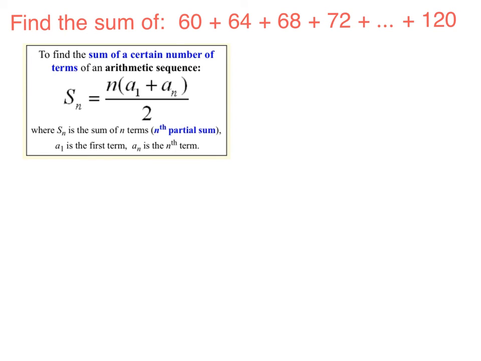So what I actually need here is this n. I don't know how many terms there are. I could list them out, and it's doable for this example, but if I have something with, let's say, 1,000,000 terms, that would be exhausting. So we're actually going to use our handy-dandy nth term equation to help us figure this out.